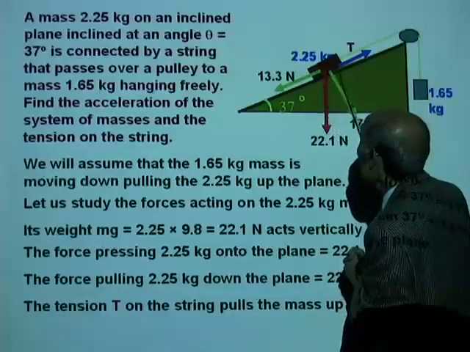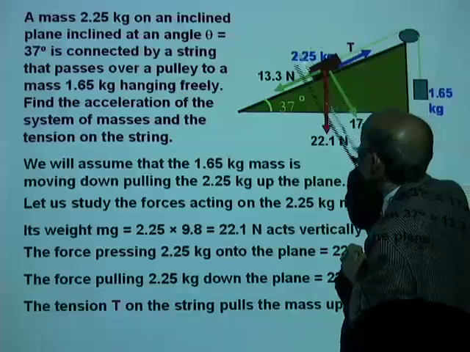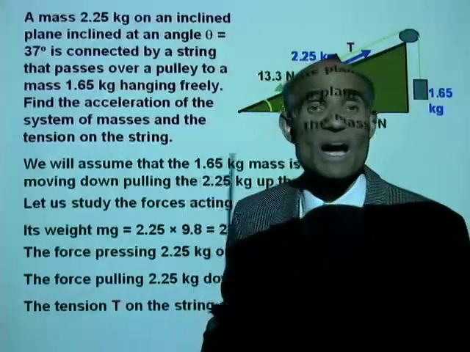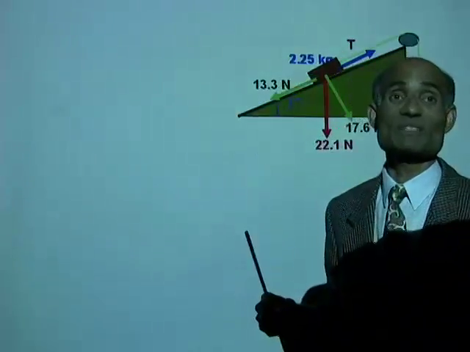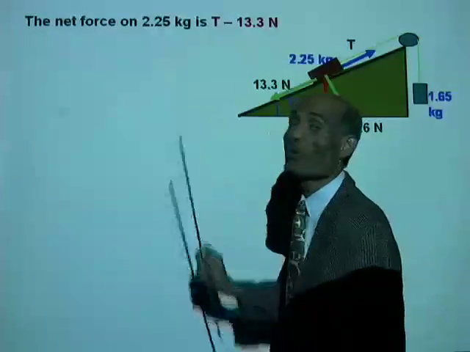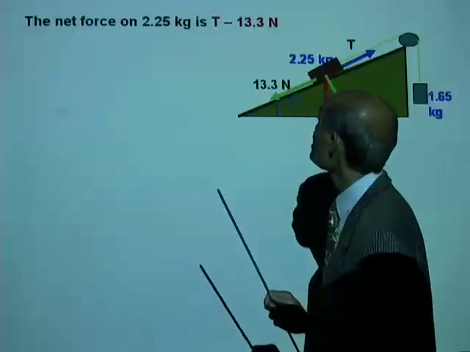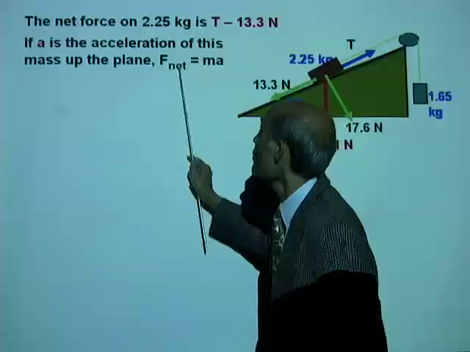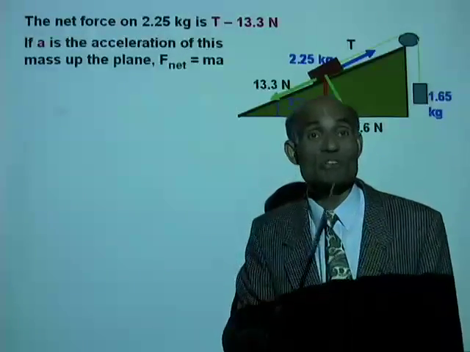Therefore, the net force pulling the box up the plane is T minus 13.3 Newton, and that net force must be equal to mass times acceleration. That gives us our first equation.